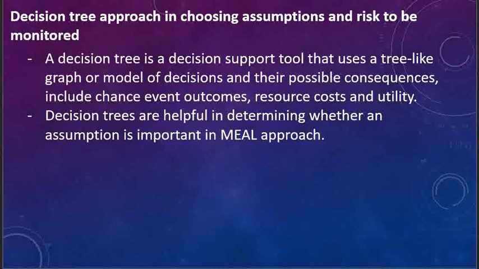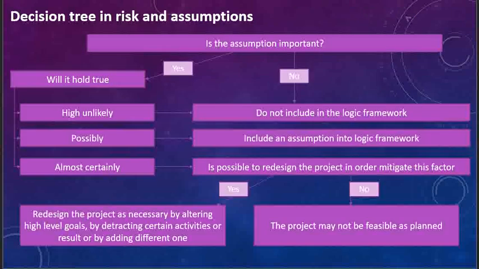Their possible consequences include the chances of it occurring, resource costs, and utility. Decision trees are helpful in determining whether an assumption or risk is important in our approach. So let's look at the decision tree that we can have.